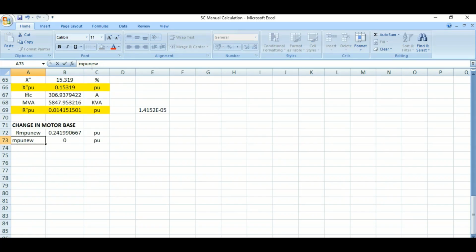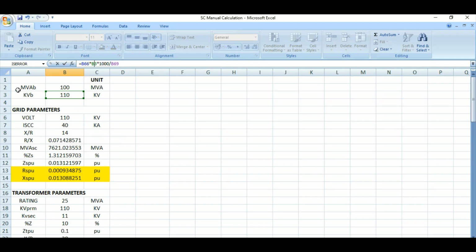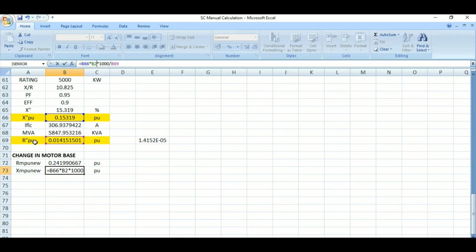This is motor reactance value XM PU, which equals, let's correct it, so it will be B66, means this reactance value multiplied by new MVA, which is B2, divided by motor kVA, means B68.